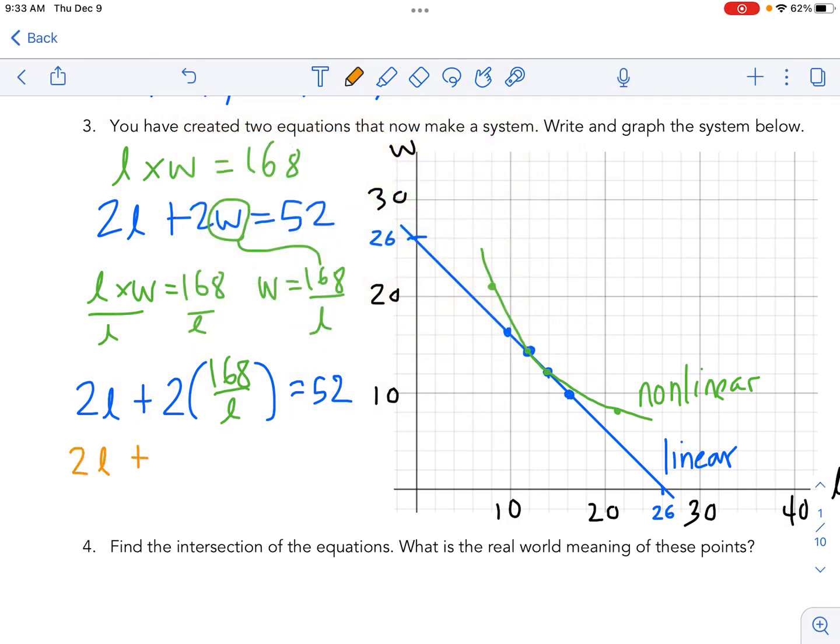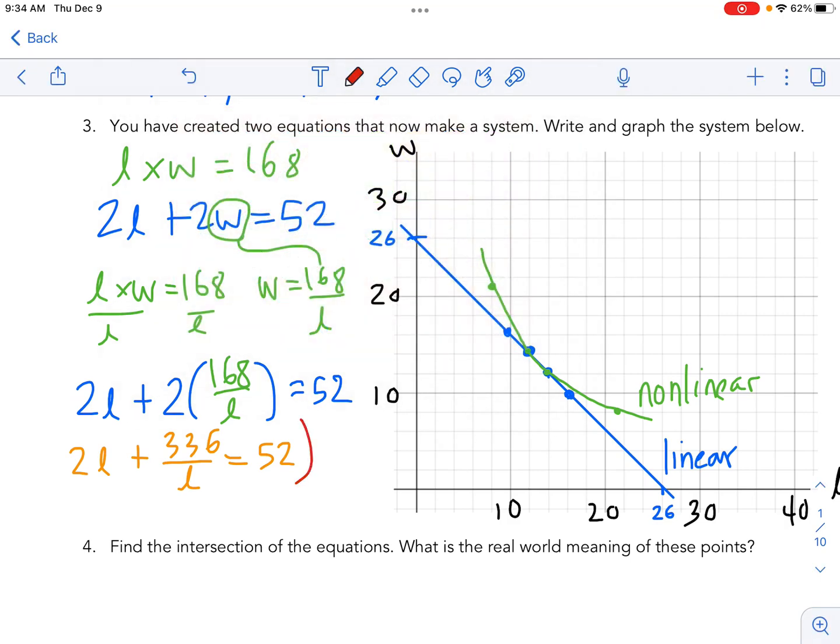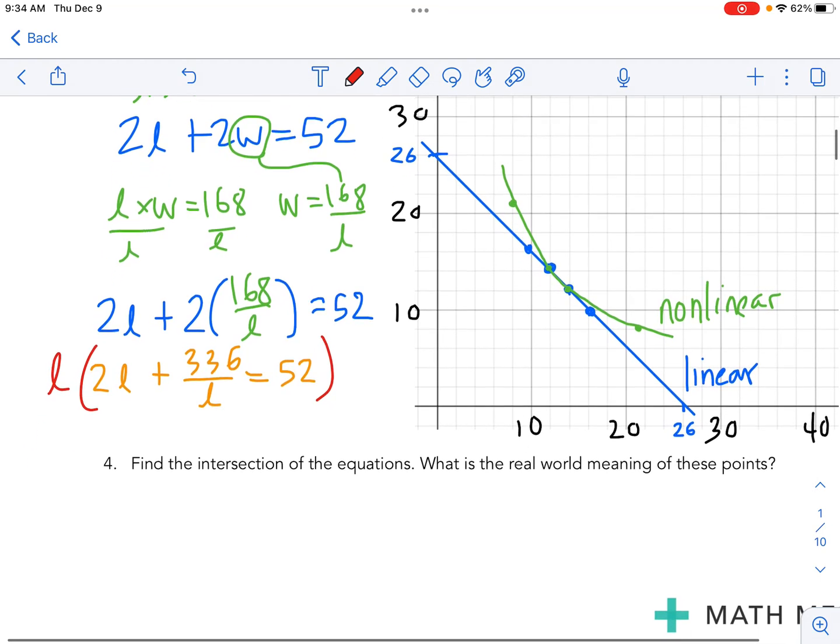And so simplifying this, we have 2L plus 2 times 168, that's 336 over L equals 52. So we have to solve for this. And the easiest way to do this, and this is true with nonlinear systems, is multiply through by whatever you see in the denominator. So we see L in the denominator.